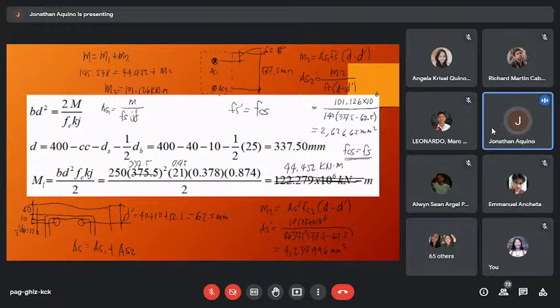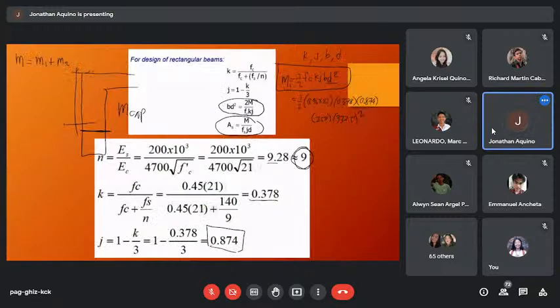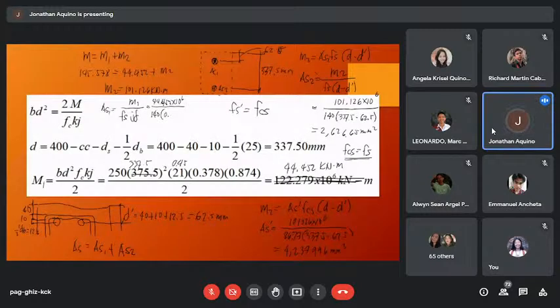But yung moment natin dito is yung M1, moment ng singly reinforced rectangular beam, which is equal to yung capacity natin kanina, 44.452 times 10 to the 6 Newton millimeter, divided by Fs of 140 megapascal times J. J natin is 0.874 times D of 337.5.